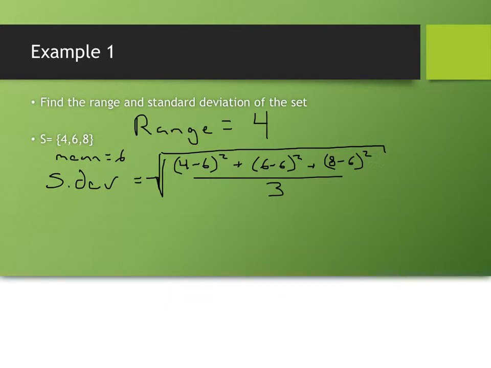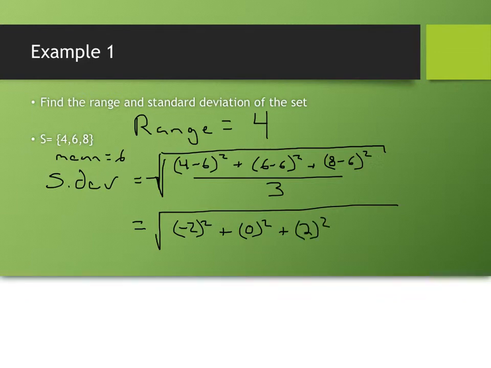Now that's a fairly cumbersome thing to do. And by the way, with modern computing power, if you have a statistical program, it'll do this for you automatically. But you should understand sort of what it's getting at and how it's getting the calculations that it does. So you take negative 2 squared plus 0 squared, plus positive 2 squared.